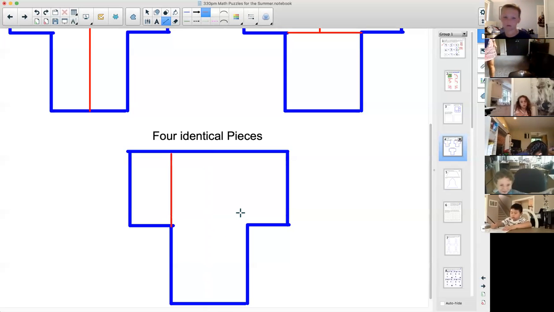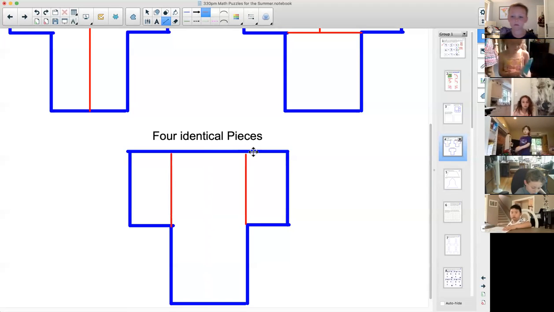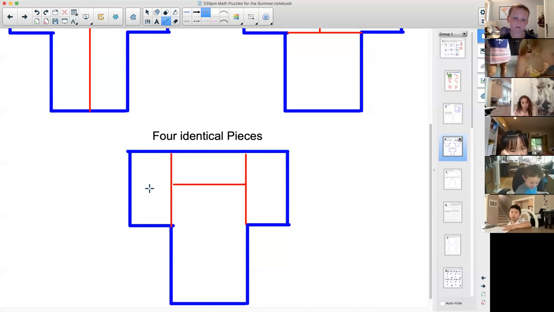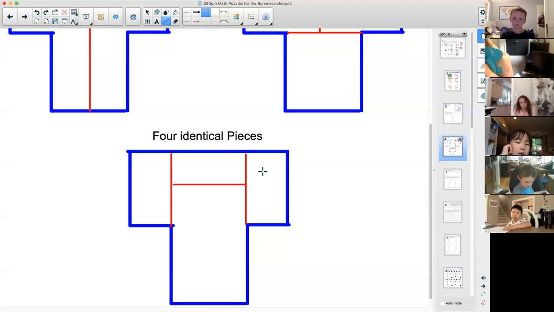And then you would do that again on the other side. And then in the middle of those two, but that makes full pieces. But no, like in the middle of the two lines going down. Oh. You know what you just did? You just solved 3 identical pieces, but 1 much bigger piece.